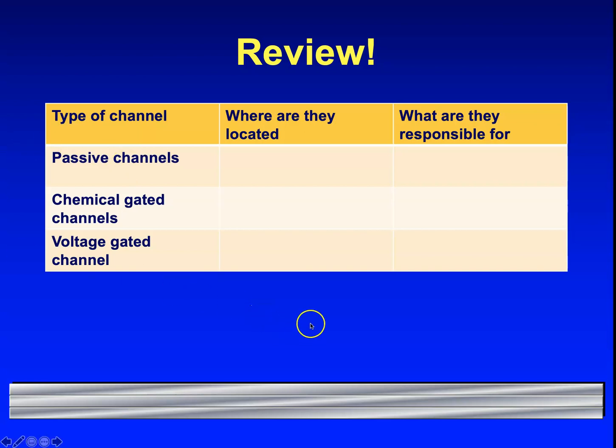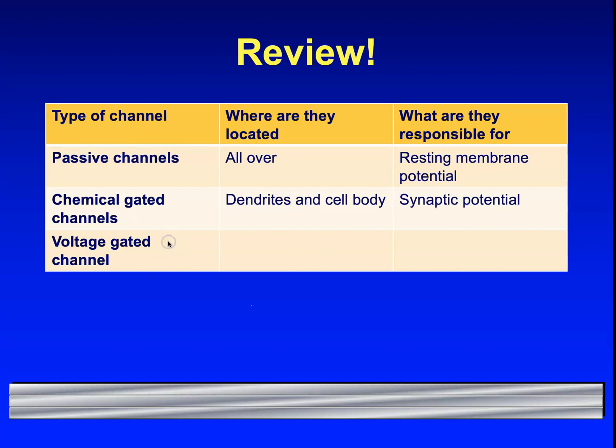And passive channels, these are located all over. The passive pores are all over the neuron. And they're really important in the resting membrane potential, which we'll talk about in a couple videos. Chemical gated channels, these are the ones that will only open if the right chemical binds. So if acetylcholine binds, great, we've opened up a sodium channel. All right, and these are located in the dendrites and the cell bodies.